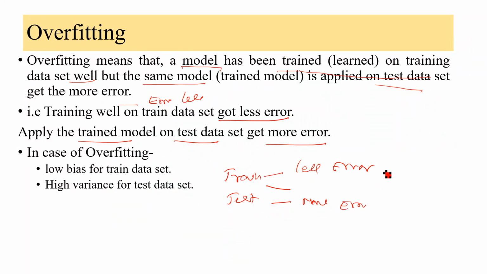Less error with respect to the trained data set is nothing but low bias, and here there is high variance. This is the case we call overfitting. So in the overfitting condition, we can say low bias for the trained data set and high variance for the test data set. When overfitting occurs, we can't say this is the best model.